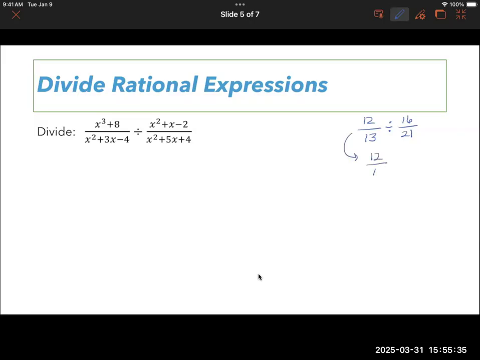So our first fraction stays the same, 12 over 13, and then we multiply and invert. Then we're just following multiplication rules. We look for common factors like a 4, divide those out, and then multiply across.